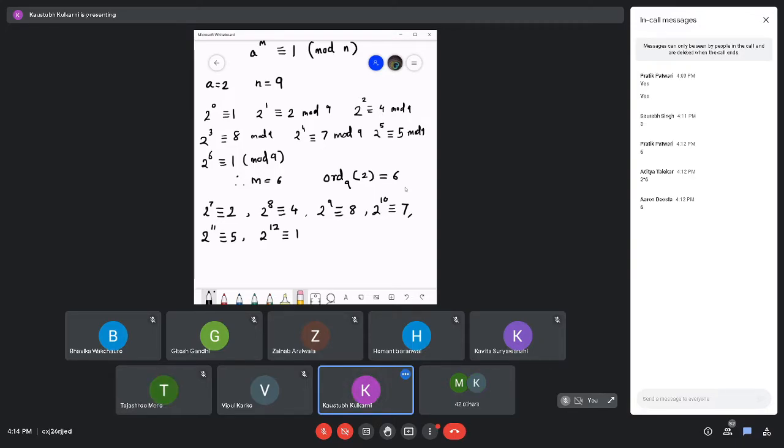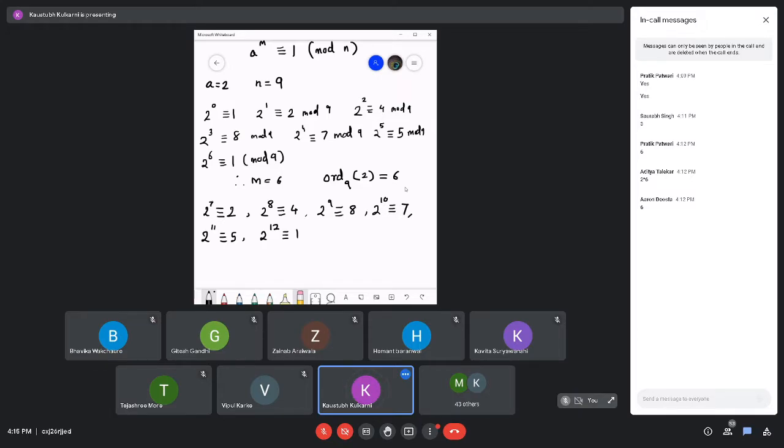Once we hit 1, the cycle is over and it repeats again. From 1 we go to 2, 2 to 4, 4 to 8, 8 to 7, 7 to 5, 5 to 1. And the smallest positive integer where we get a 1 is 6.